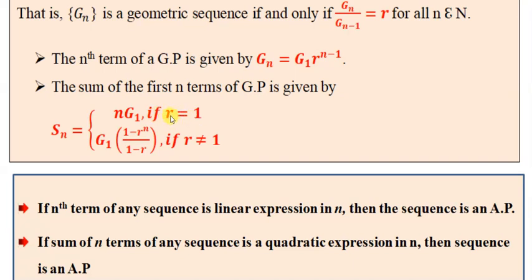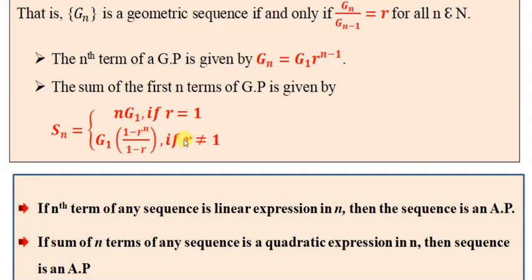If the common ratio is 1, then the terms of the sequence are identical. They are the same number, and therefore, to find the partial sum of the first n terms, we simply multiply one of the terms by the number of terms.